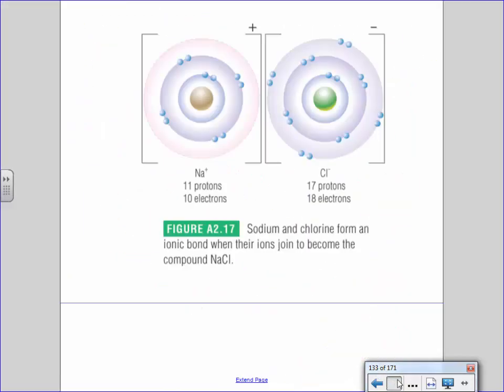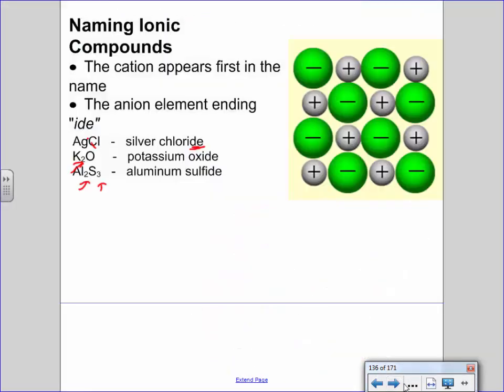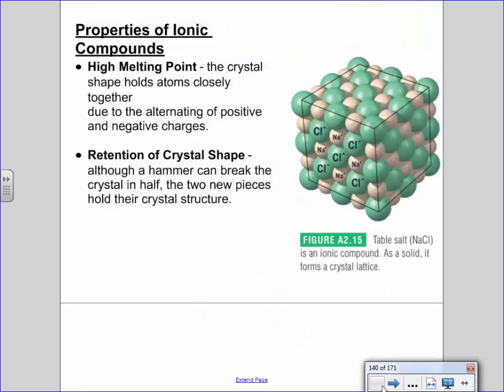Well, the cool thing about ionic compounds is that they basically have the exact opposite properties. Ionic compounds actually have a very strong shape to them. So they have a high melting point. Most of these things are solid. And unlike having a weak crystal, these guys have a very strong crystal shape. Literally, if you were to break one of these things in half, it doesn't shave off like ice does.